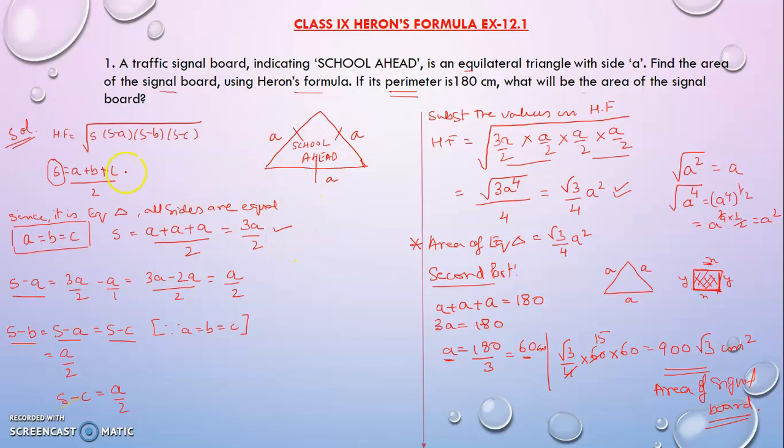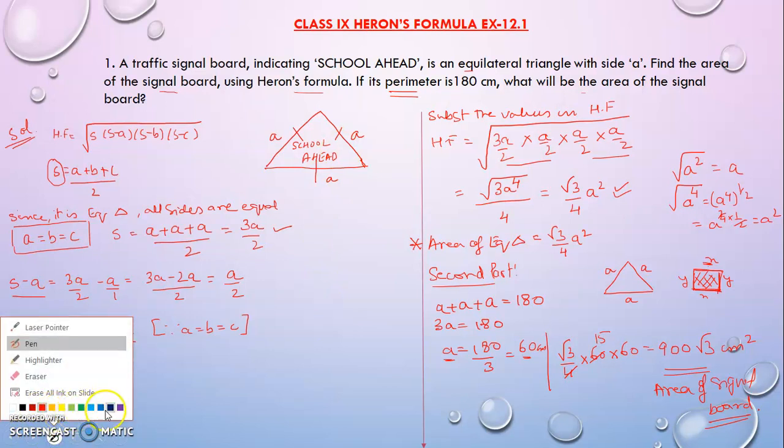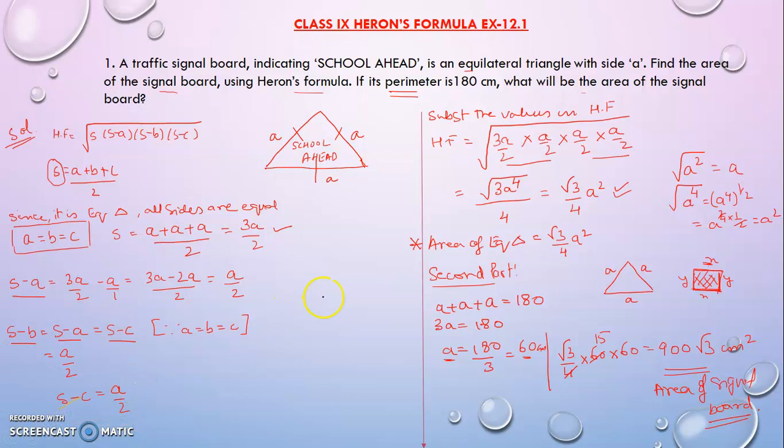I can write Heron's formula, just for your explanation, as s minus a into s minus a into s minus a. Why? Because a is equal to b is equal to c. Don't get confused.